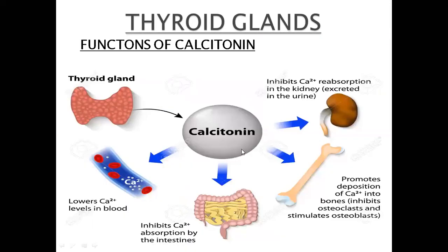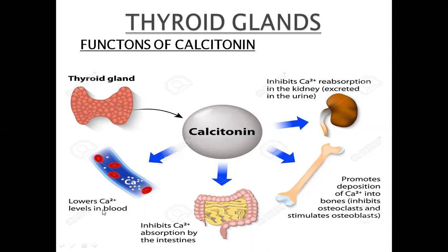This is the calcitonin that you can see here. What is the function of calcitonin? You can see here the bone. So calcitonin basically increases the calcium level in the bone. It means it maintains the calcium in the bones. So this is all secreted by the thyroid gland.